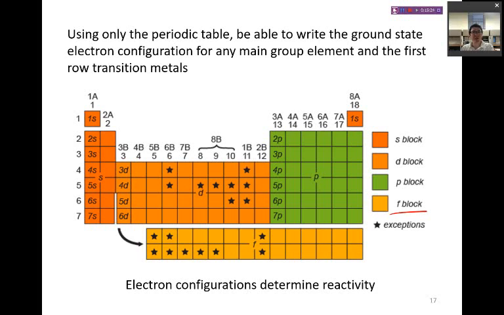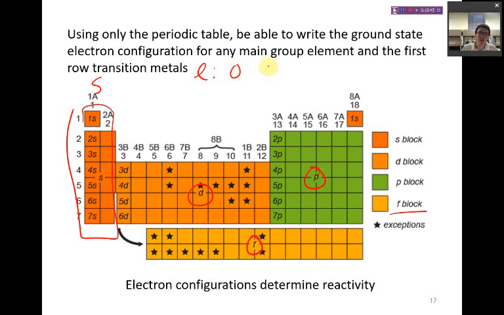So you need to be familiar with what we call the S block of the periodic table, the P block, the D block, and the F block. These are the same S, P, D, and F that we talk about when we talk about the L quantum number.